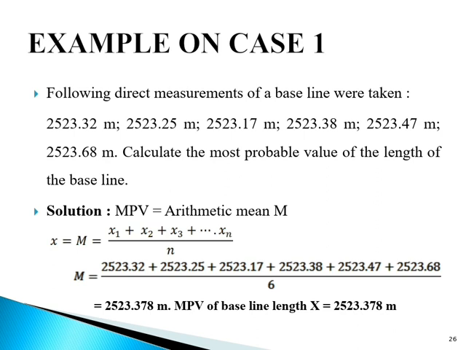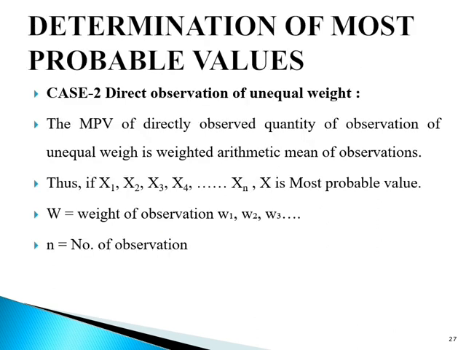So our answer will be 2523.378 meter. So the most probable value of the baseline length x is 2523.378 meter, which is our required value.